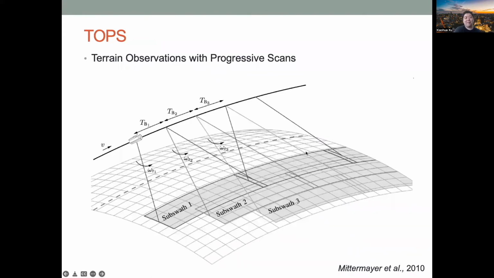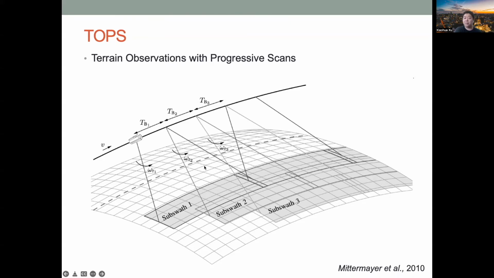So that's why the SAR engineers have developed this new type of ScanSAR called terrain observations with progressive scans, or TOPSAR acquisition mode. The idea is really simple: when the radar is scanning a certain subswath, the antenna will sweep from backward looking to forward looking.